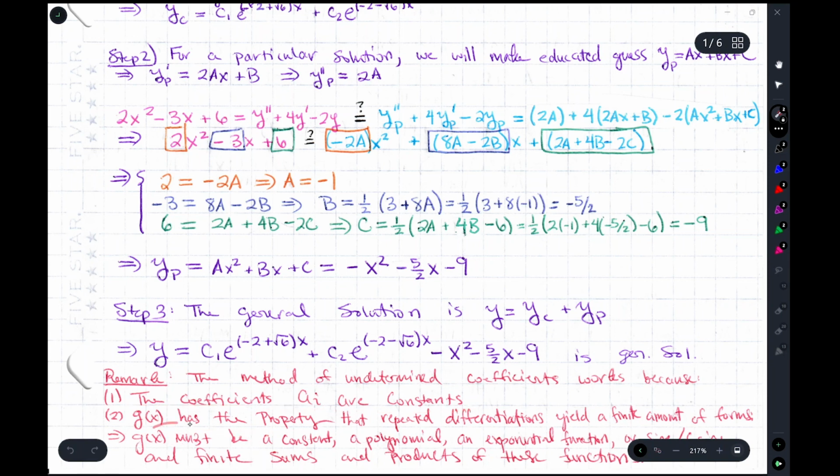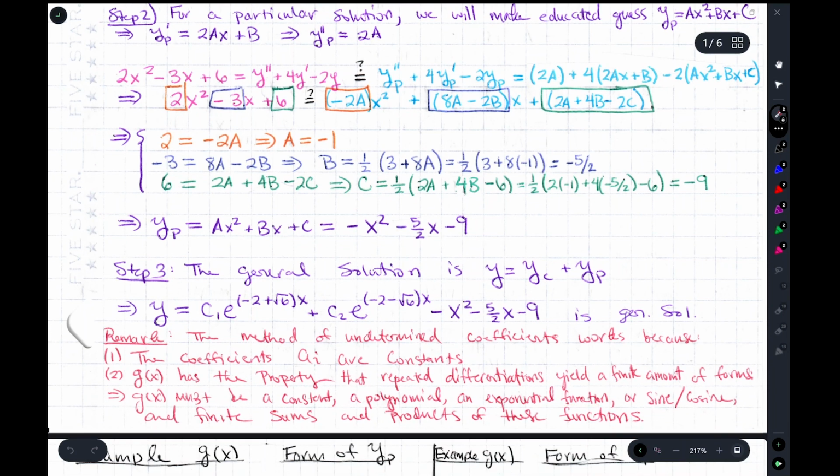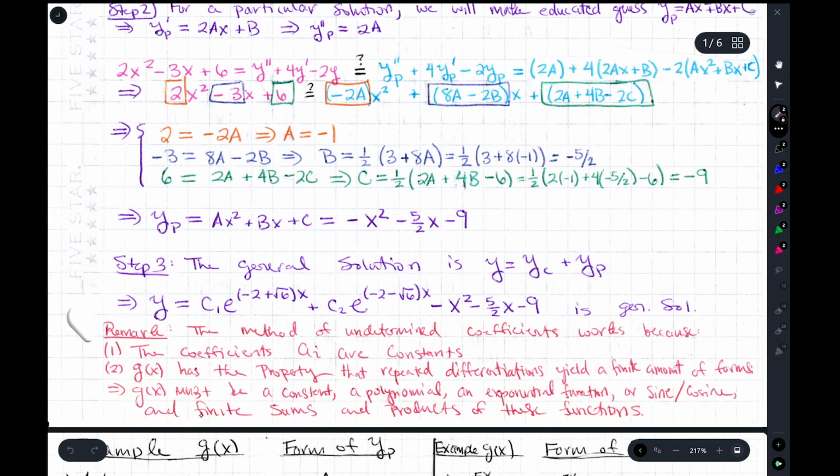Second remark, g of x has the property that repeated differentiations yield a finite amount of forms. Okay, so basically g of x must be a constant or a polynomial or an exponential function or a sine or cosine function or finite sums and products of these functions.